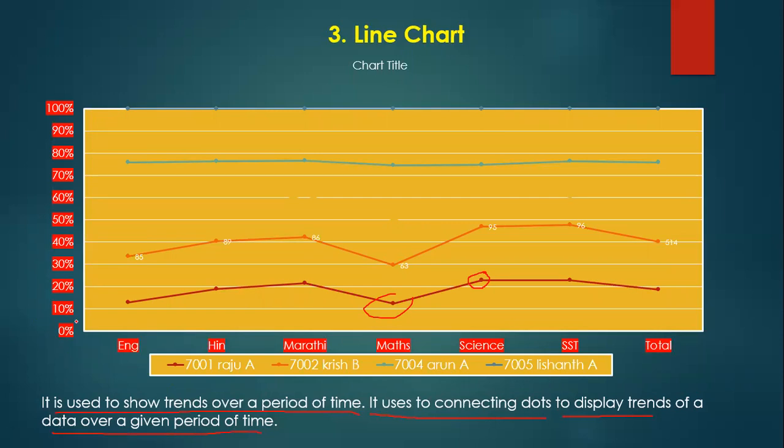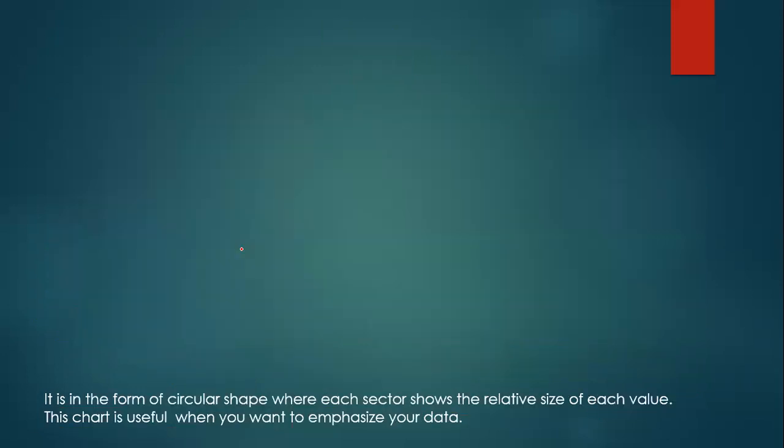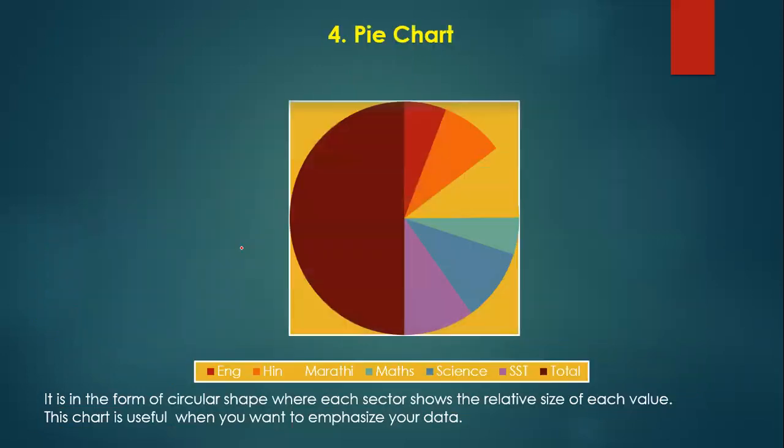It means as per the given data, the dots are going to display and it shows the difference of the given data, right? And all these charts we are going to insert in the Excel sheet and we are going to clear these points.